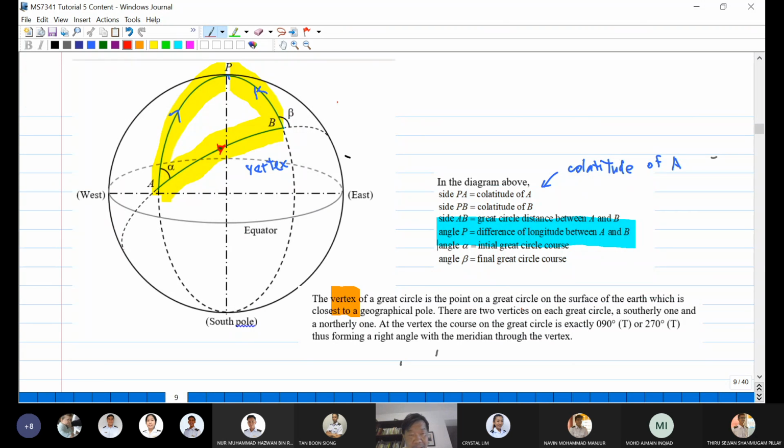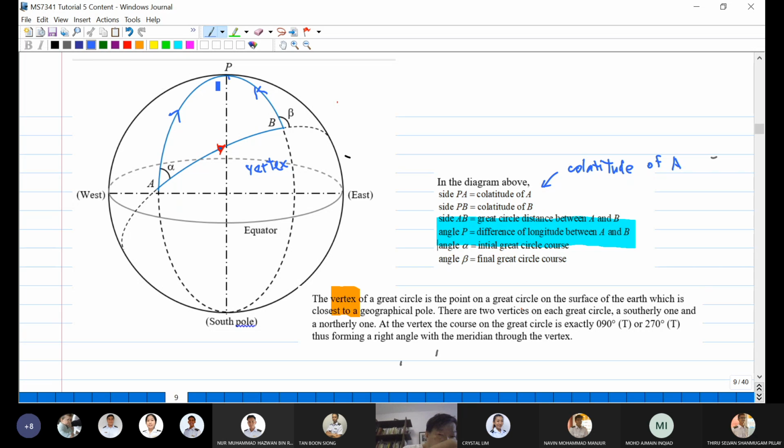In this case, I blow up the picture here. Note alpha and beta here. PA is the length of this side here.